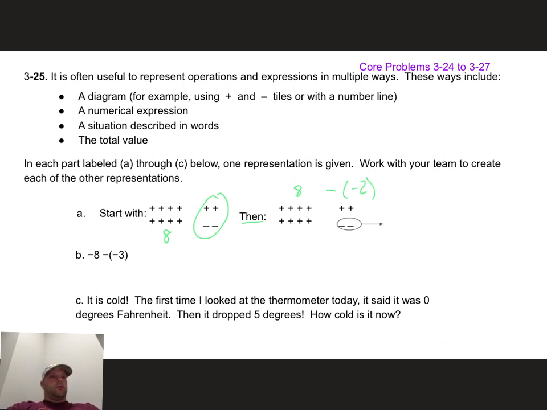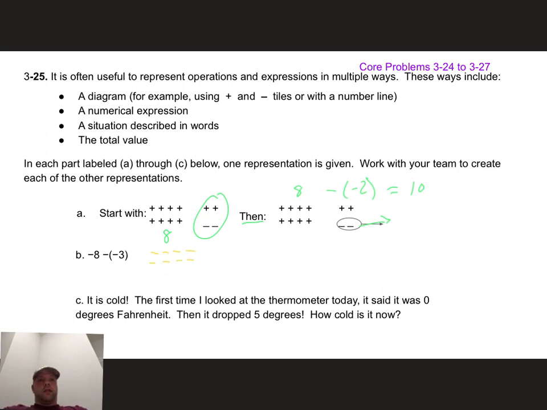When I actually subtract this -2, I'm taking it away, and I'm left with 10 positives, which seems weird, but once you see the visual of the 2 negatives being removed, because I can have as many 0 pairs as I need, it's just like a decimal. When I add zeros to it, it's not going to change the value. So I can add as many 0 pairs as I want and remove those negatives, and I'm left with the positives.